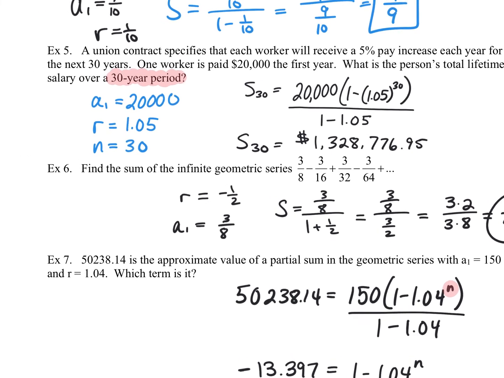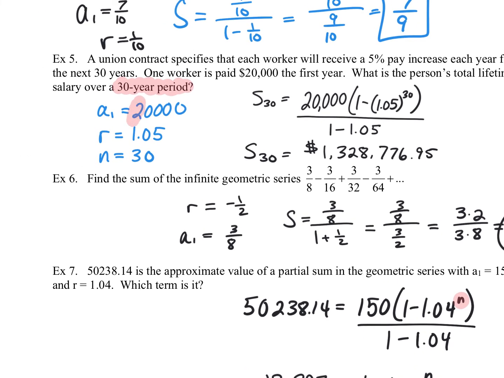Well, what do I know? I know that the first year is a $20,000 salary, so that'll be our a sub 1. Our r value, the amount we increase by each year, is 5%. We want to convert that to a decimal and write it as 1.05. Our n value here is 30.